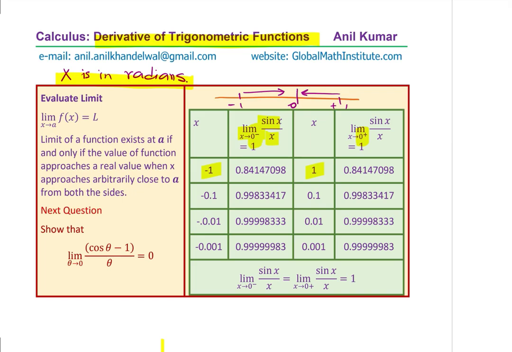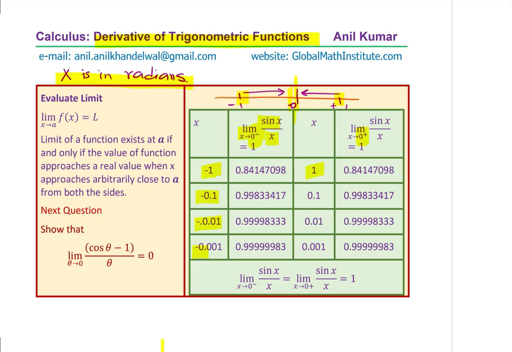Perfect. So we are approaching the value 0 from negative 1 and positive 1. Approaching really means closer and closer. So literally, we will evaluate the value of sine x over x for minus 1, minus 0.1, minus 0.01, minus 0.001. You see how close you can be. So that is the approach.